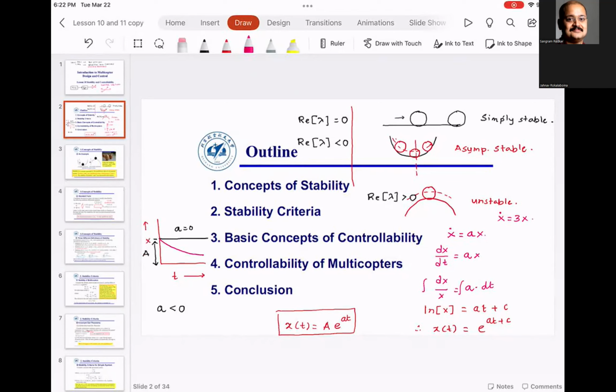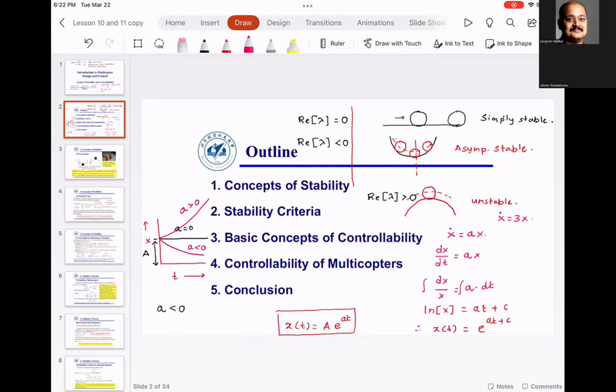If my a is greater than 0, it's going to increase exponentially. So I have a less than 0, a greater than 0.